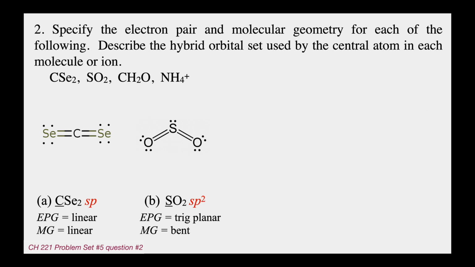Now, why you would want to do this: if you drew this structure, all of your formal charges go to 0. So let's review that real fast. Sulfur is group 6. It has in this structure 2 lone pair electrons and 4 bonds, formal charge of 0. And the oxygens also have formal charges of 0.